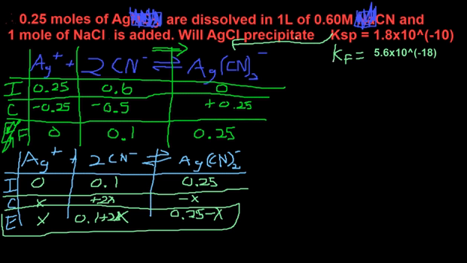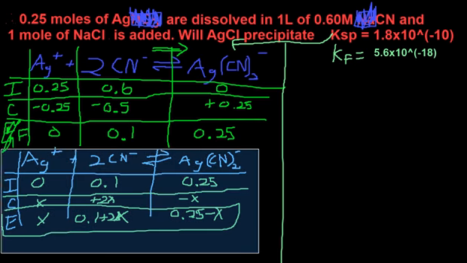Okay. I'm going to draw a border here and pick a new color. So now we know the Kf, which is equal to 5.6 times 10 to the negative 18. There's not enough room here. Okay, so I'm going to copy this ice table, I guess.